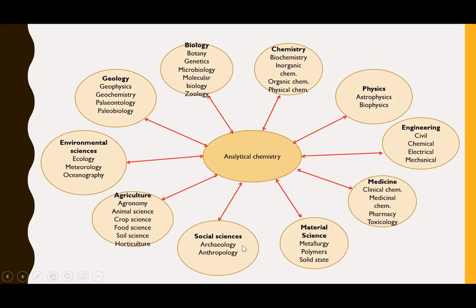For example, if you take samples from archaeological sites, let's say a mummy or soil samples or anything which is related to archaeology, you bring the samples to the lab and analyze them in order to find out certain chemicals or certain composition which can tell you the story of the archaeological artifact. Okay, for example, the age, from which century it comes from. So this is how analytical chemistry is utilized even in social science.